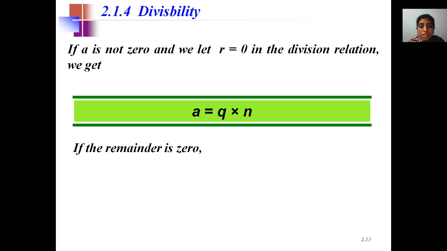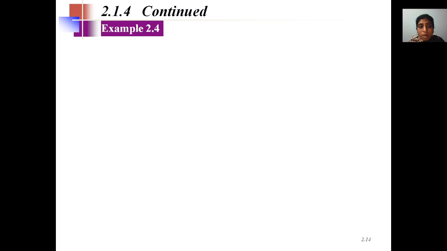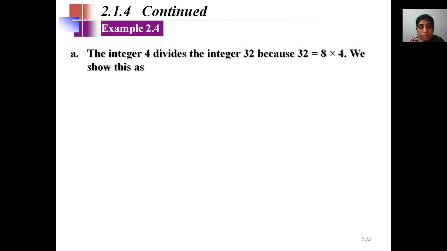If the remainder is 0, then we have the q into n value. If the remainder is not 0, then how are we going to represent it?